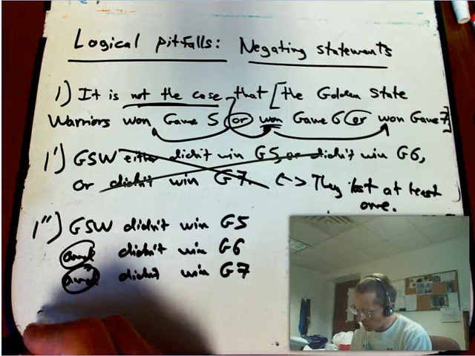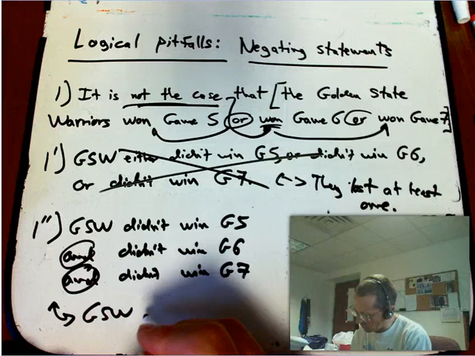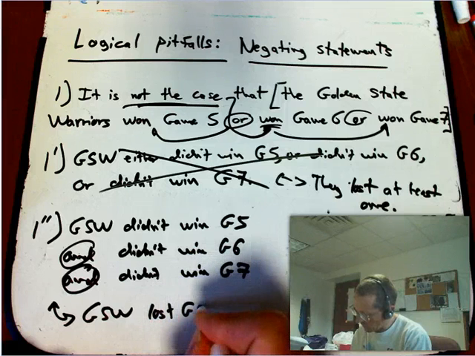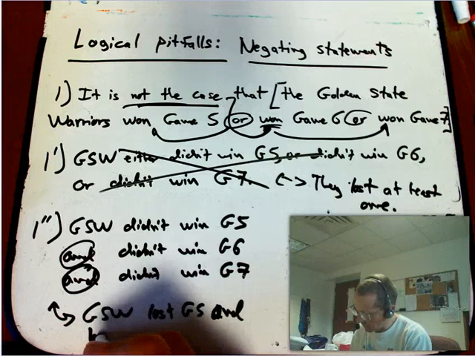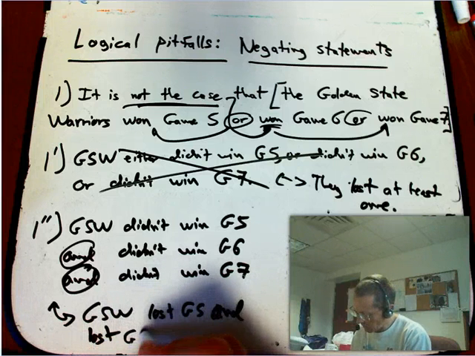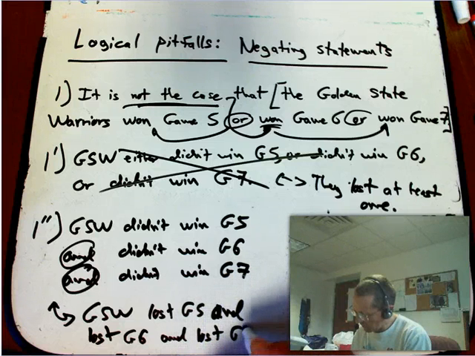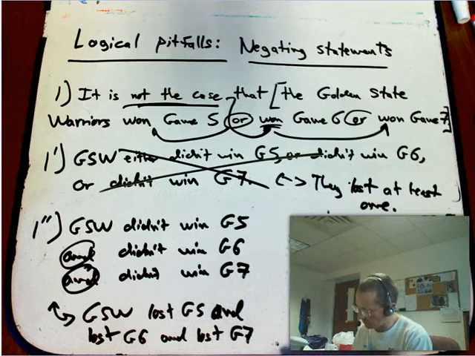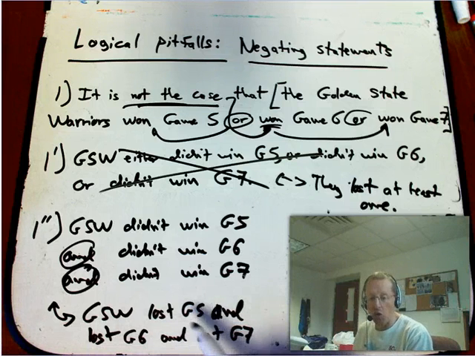And of course, an alternate way of saying that is that Golden State Warriors lost Game 5 and lost Game 6 and lost Game 7. Or an even more succinct way would say they lost them all.